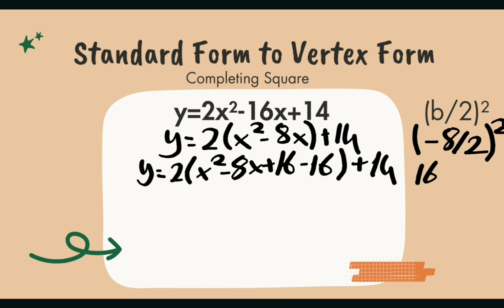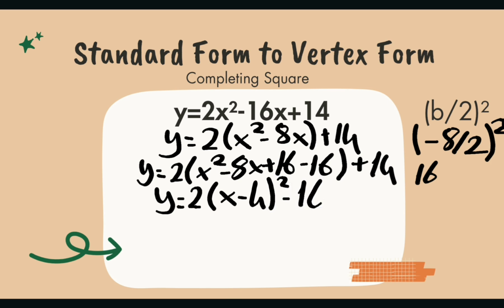Then we multiply minus 16 by 2 and move it outside the brackets. We also put x squared and 16 inside the square root. And it will be y equals 2 times (x minus 4) squared minus 18.